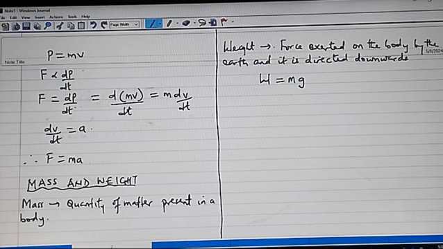So you see there is a force. Of course, the weight of a body depends on the acceleration due to gravity g. Why? Because g varies with geographical location.